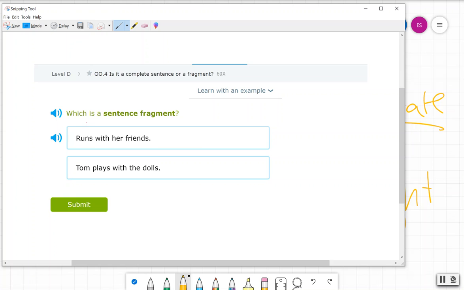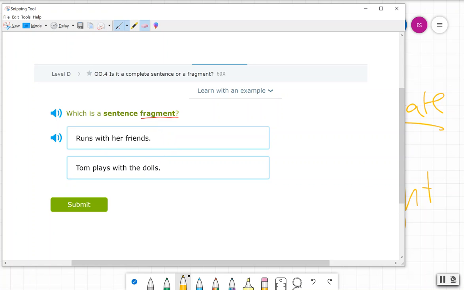So here's an example from IXL. It says, which is a sentence fragment? Runs with her friends or Tom plays with the dolls. So which one of these two is the incomplete sentence? I'm going to say it's this first one, runs with her friends. And the reason why is because it doesn't have a subject.